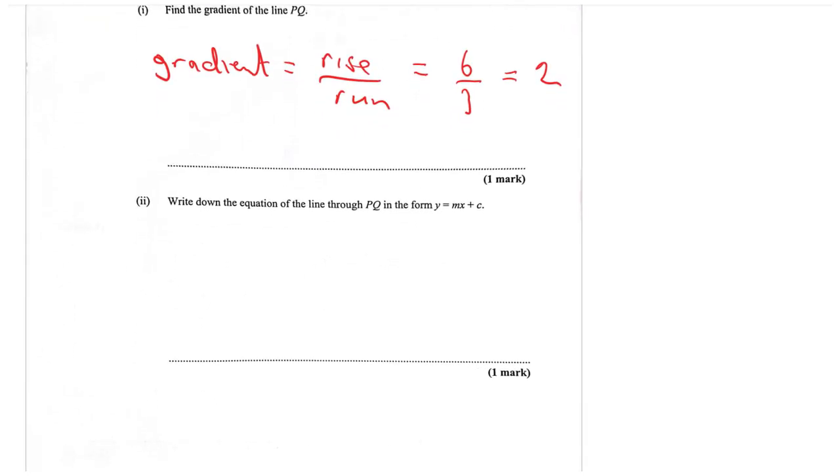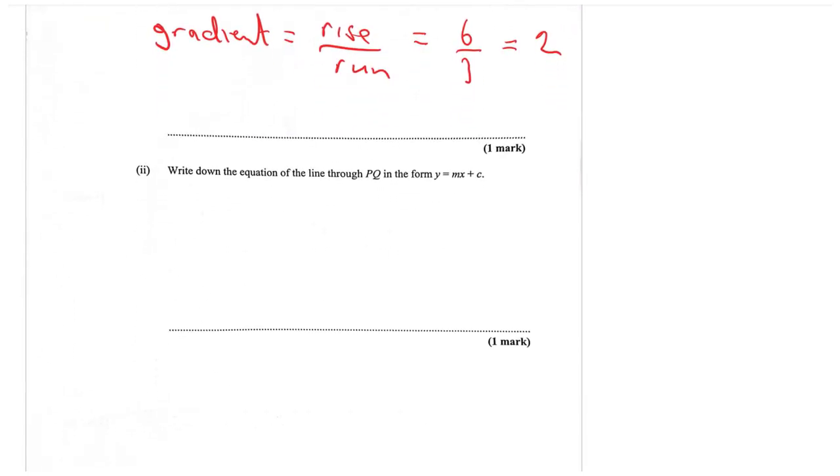Now, part 2, it says, write down the equation of the line through PQ in the form y equal mx plus c. So m is the same thing as the gradient in this case, so we need to find c. Right?